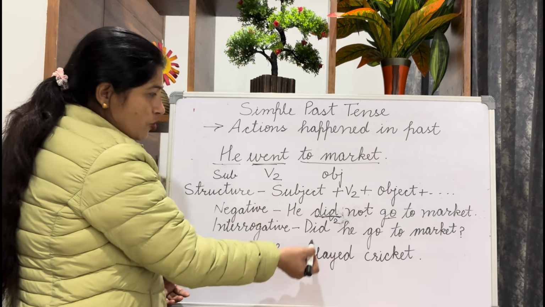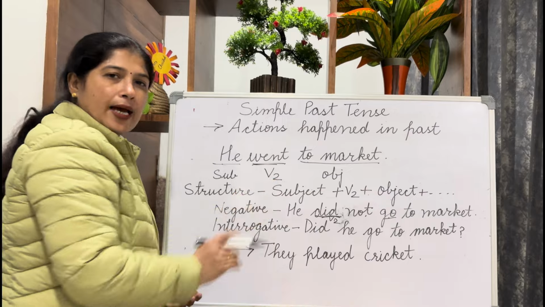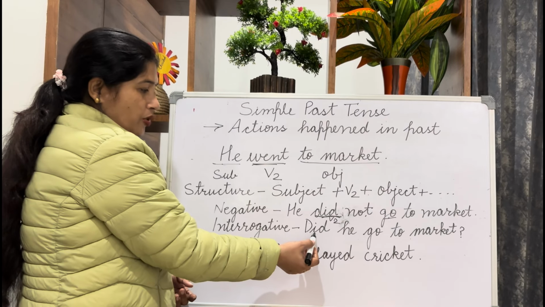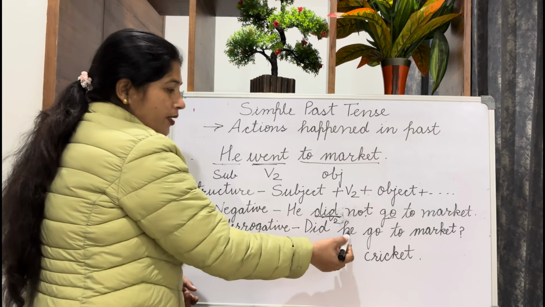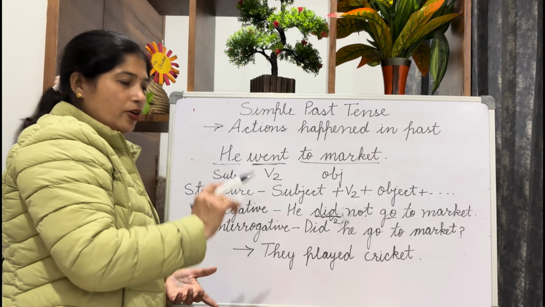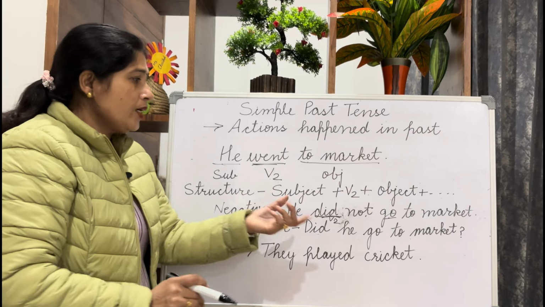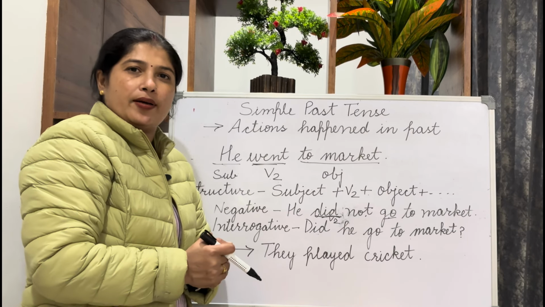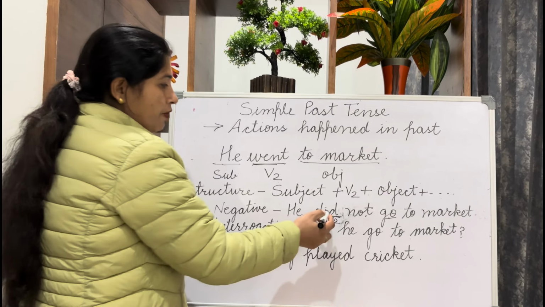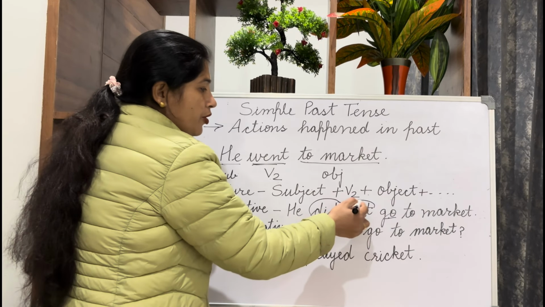Then, if we have to change the same sentence into interrogative, we have to start with the question word did. Did he go to market? So, this is the question of this sentence. So the thing to be noted is that for making negative of the simple sentences, we have to use did not.